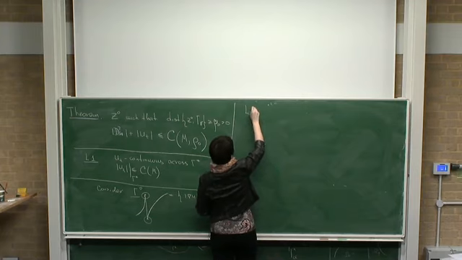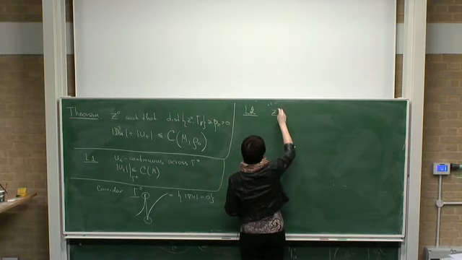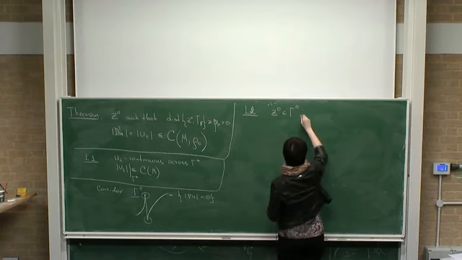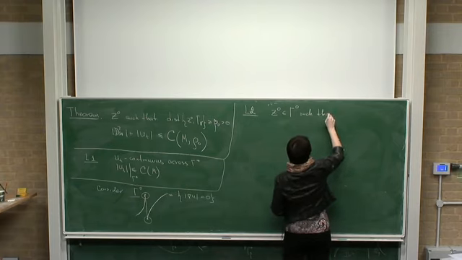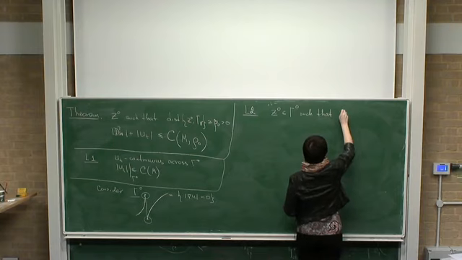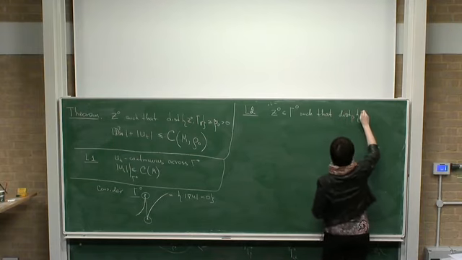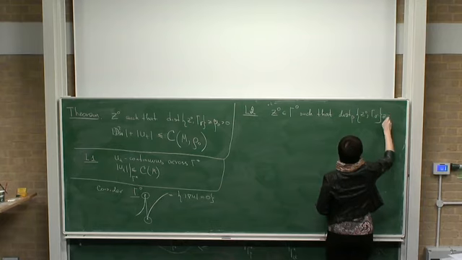It's the second lemma. Again, let z0 be a point of gamma 0, again with some positive parabolic distance, up to the vertical parts.